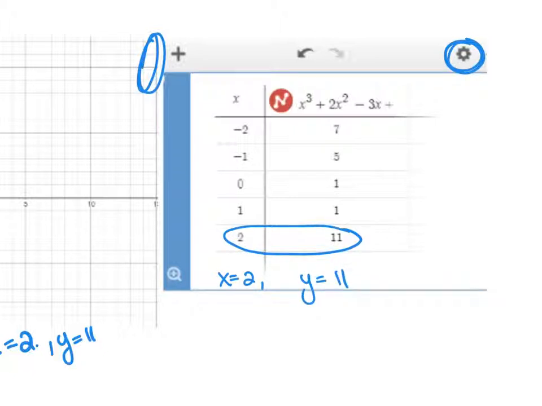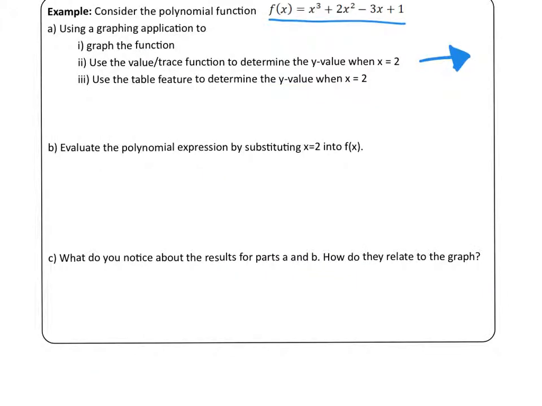So the graphing calculator or Desmos app will work really well to give you those values, just by graphing it and just by doing a table of values. The last thing is to evaluate the polynomial by substitution.